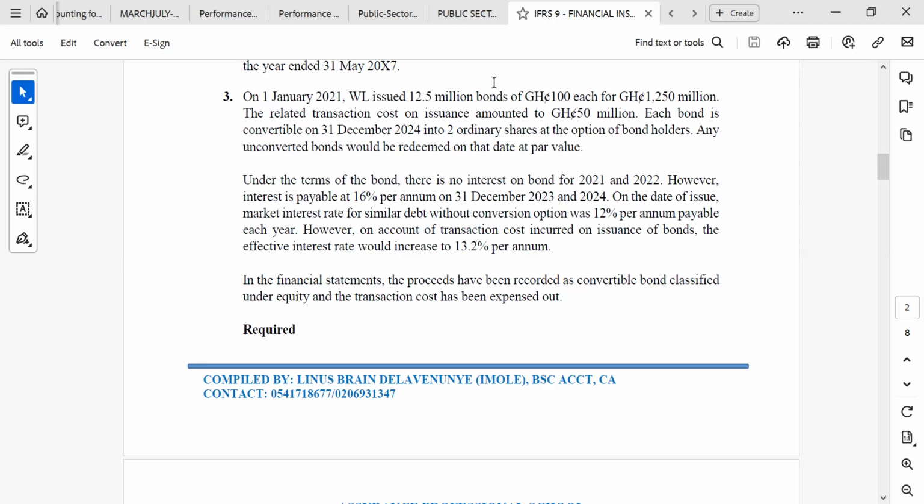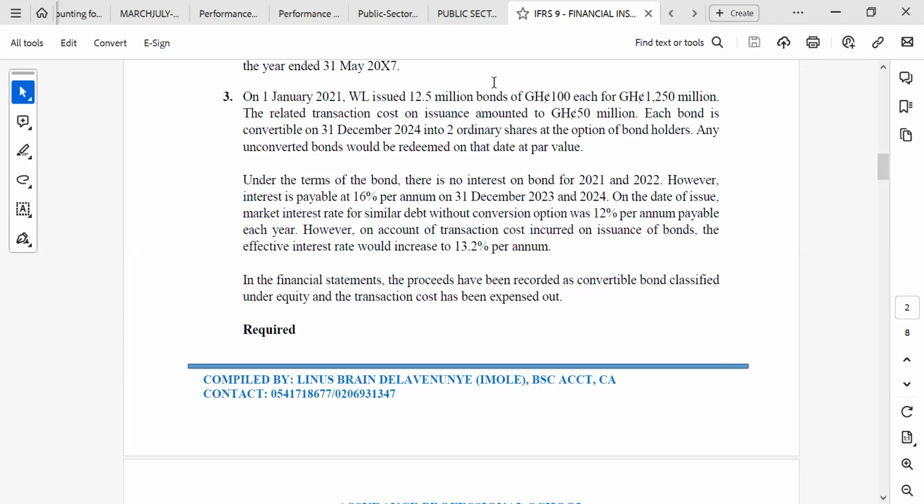So at the option of the bondholder, any unconverted bonds will be redeemed on that date at par value. Since the conversion is at the option of the bondholder, they have the right to decide whether to convert or not to convert.